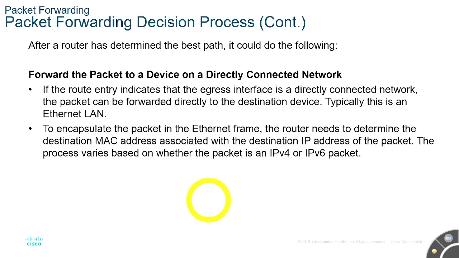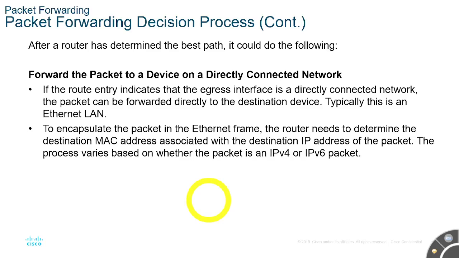Now, to encapsulate the packet in an Ethernet frame, the router needs to determine the destination MAC address, because the destination is a network and not a router. I mean a switch. If the router is connected to a switch, it means that the switch will use the MAC, data link layer 2 address.